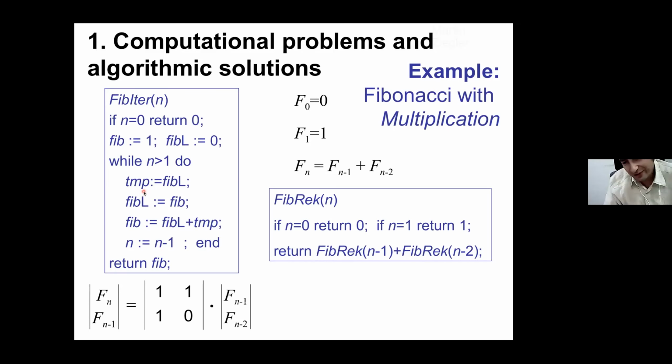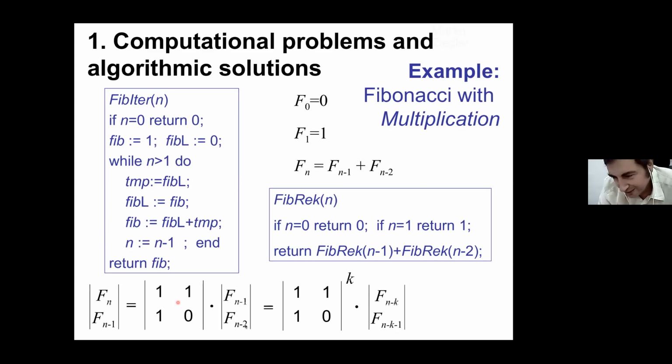We notice that this recursion for the Fibonacci numbers, which is implemented here, can be written as matrix multiplication, from which you get that you can calculate the Fibonacci numbers as the power of a matrix times a vector. Essentially you take the vector 1, 0, and then power the matrix 1, 1, 1, 0, and then multiply.